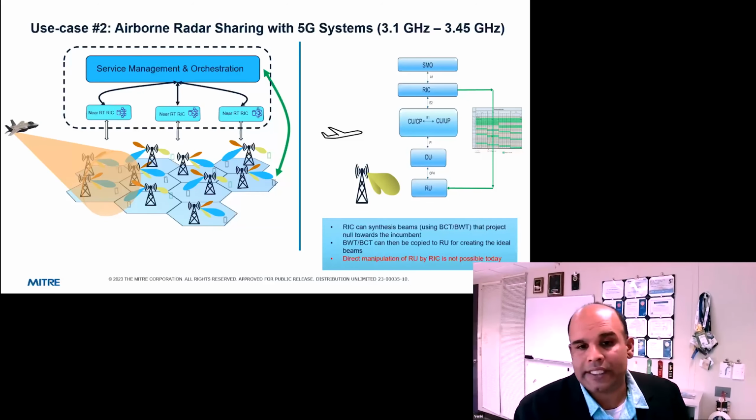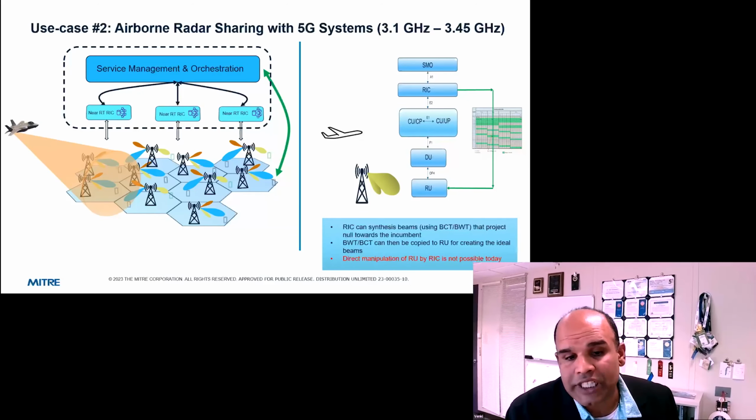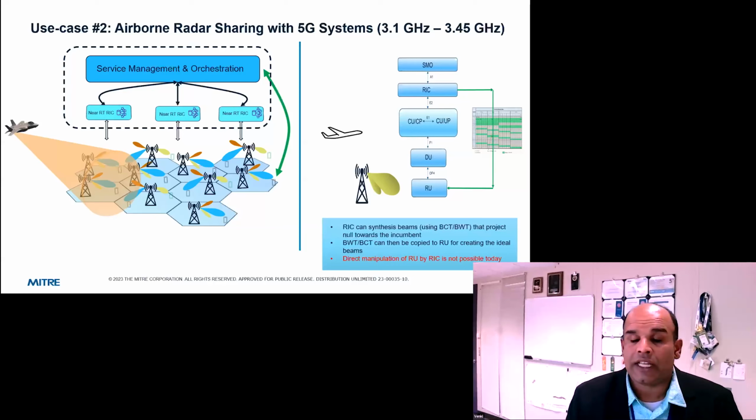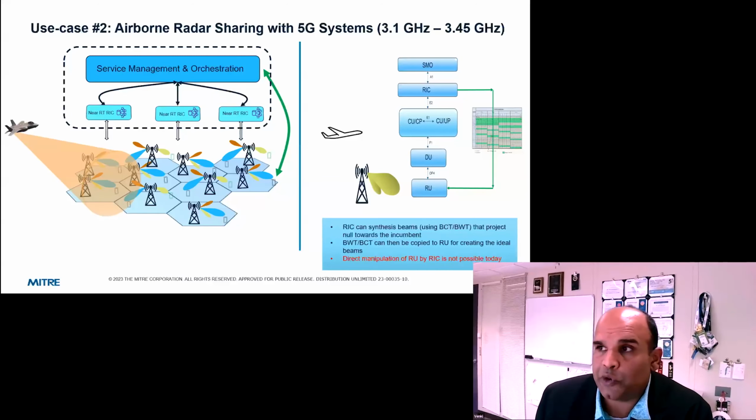Now, this is what is required to achieve the full potential of this approach. However, right now we don't have this interface available. There is no interface that goes directly from the RIC to the RU, and that is one of the things I think we should focus on. Having such an interface would be very valuable.